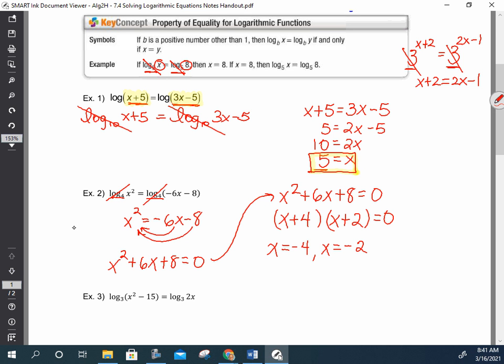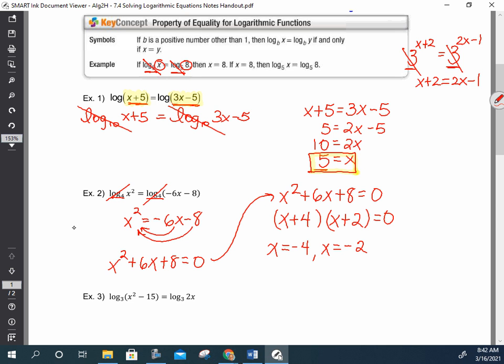And of course, the only thing we have to do is check it. You have to plug in both of them. So -4, check to make sure it works, then -2, check to make sure. One can work and one can fail. Each one is on its own.